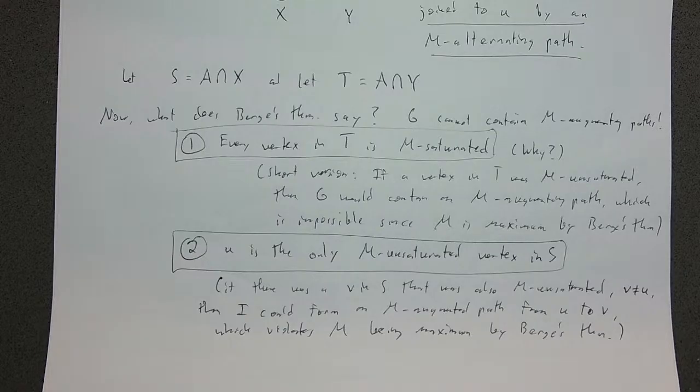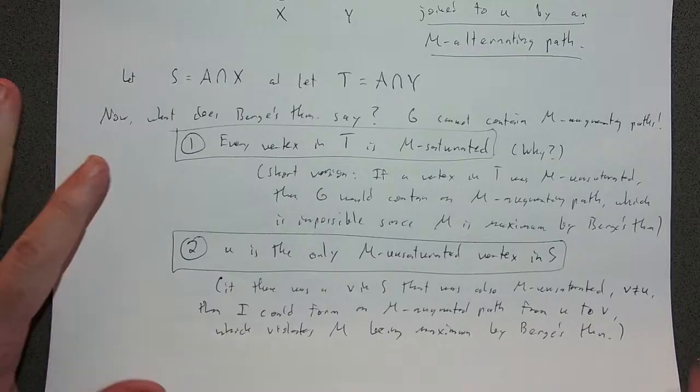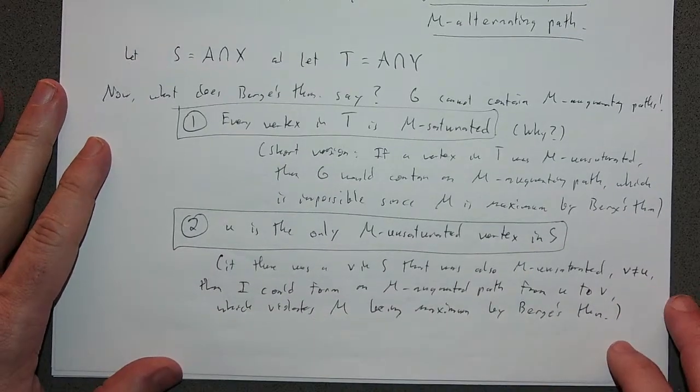So it is M augmenting in the sense that if you have a matching and an M augmenting path in the graph, then that matching can't be maximum. And that M augmenting path describes how you could throw in at least one extra edge. That's the idea.